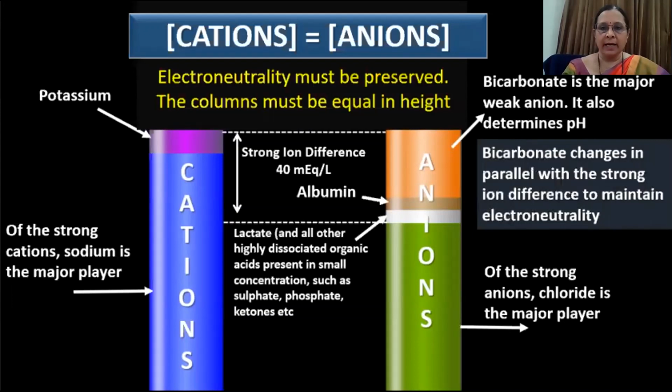So the bicarbonate changes in parallel with the strong ion difference to maintain electroneutrality. So bicarbonate is sort of a dependent ion. It changes with the difference in these strong cations and anions to maintain electroneutrality. So that is its role.